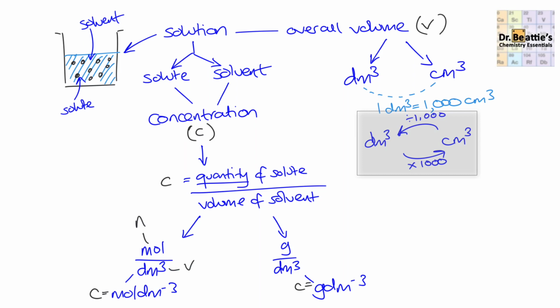And so if we know that concentration is n divided by V, rearrange this and it also equals n equals V times c, noting here that concentration, in order to equate to number of moles, has to be in moles per decimeter cubed. So we always need to have the units matching here. This leads to a really important equation, and one that you need to know.